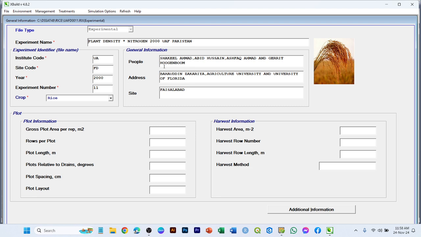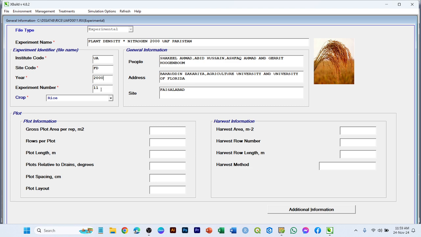Okay? So here, in which site you conducted your experiments. Got my point? And experiment number: maybe your experiments are at different locations, and according to the number of treatments, you have to mention the experiment number as well.